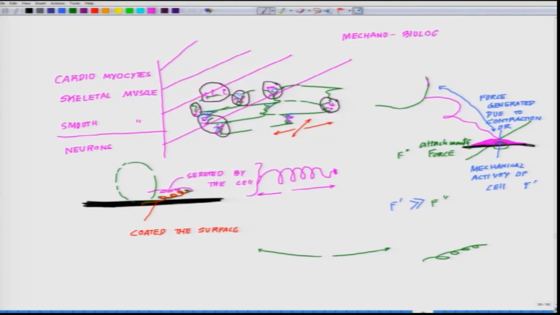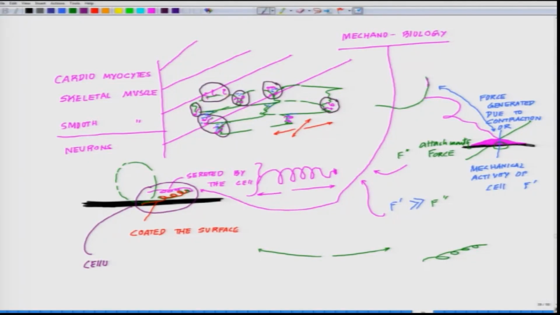Their mechanical interaction with the surface is different, with its surrounding cells is different, and it generates different kinds of forces out there, which is governed by the cellular chemistry of extracellular matrix materials.